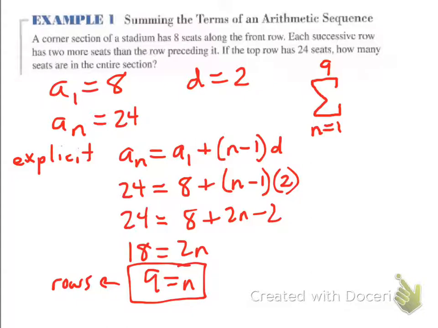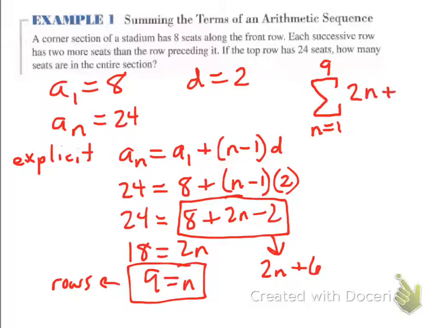Now, what goes in the parentheses? Well, whatever this was, so this was 2n plus 6. So in your calculator, hit the math button, option 0, use x instead of n, and plug in what they want you to plug in.